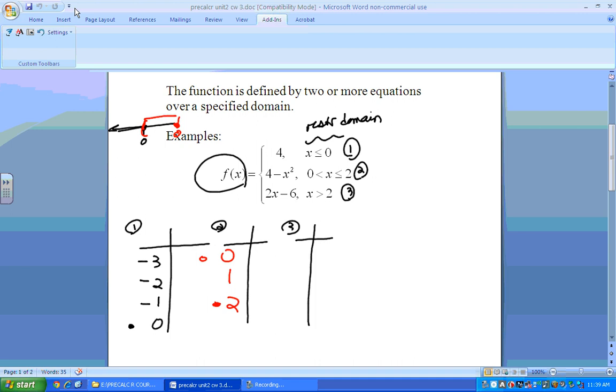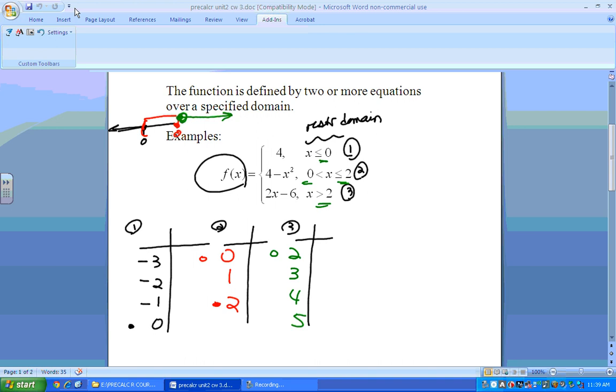Now your third one says greater than 2. Greater than 2. This has to be open. So greater than 2 says 2, 3, 4, 5. I can use any of these. Always start and end at the one that they specify. Now this 2 is open.